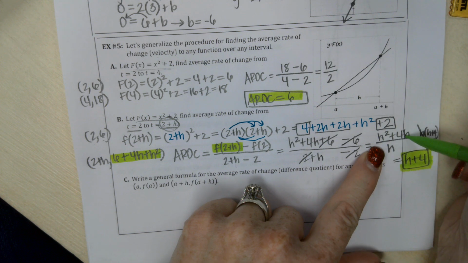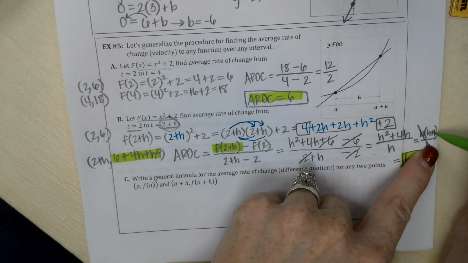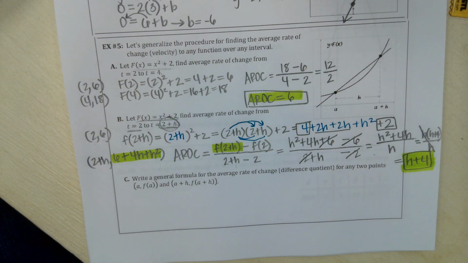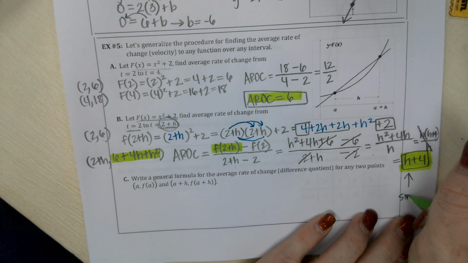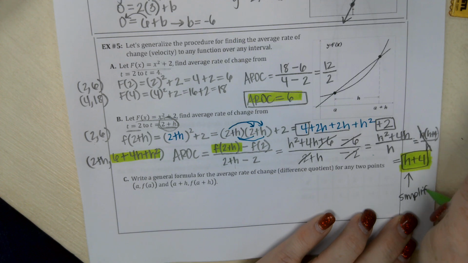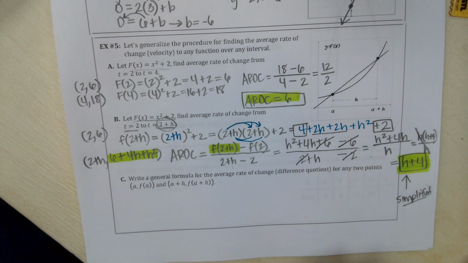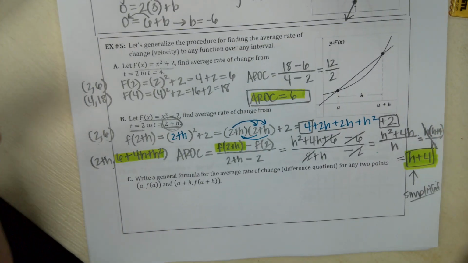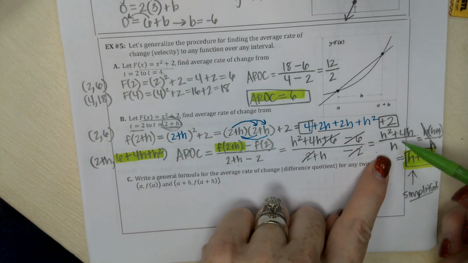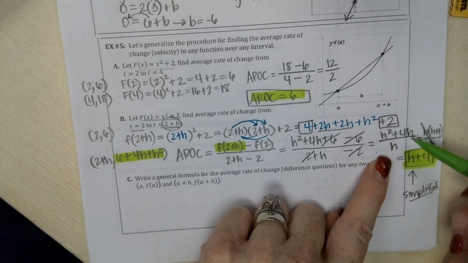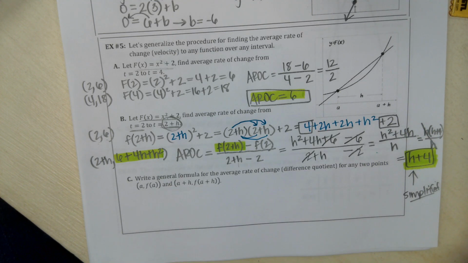So when I took it out of each one, it just removed the h and put it out front. Okay, so this is how you want that to be done. This right here is simplified. If this part was worth 10 points and you gave me this, yes, that is equivalent, but it's just not simplified. So you'd only get like 8 out of 10 points. Okay?